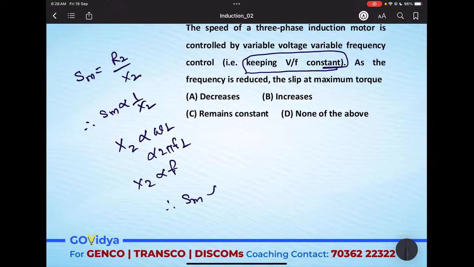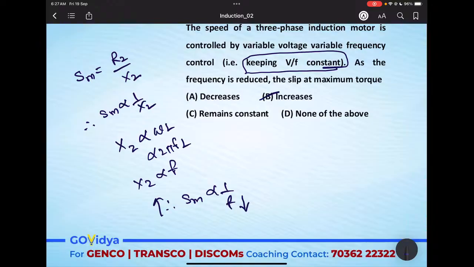Therefore, Sm is inversely proportional to the frequency. If frequency is reduced, slip at maximum torque is going to be increased. The option is B.